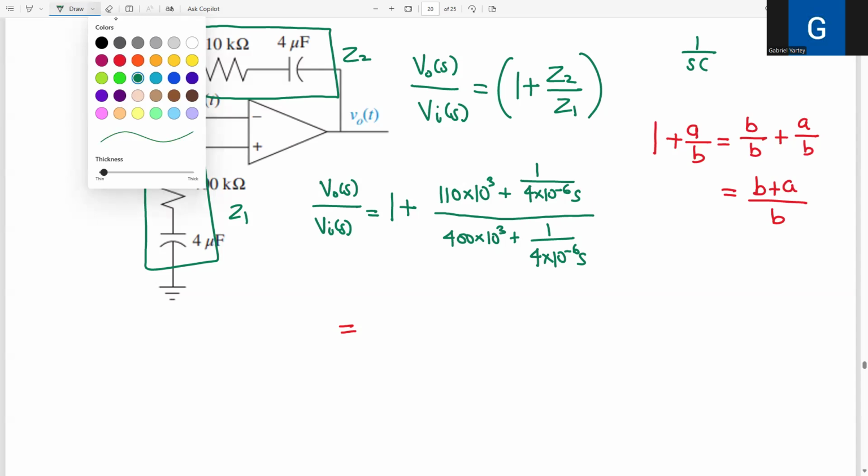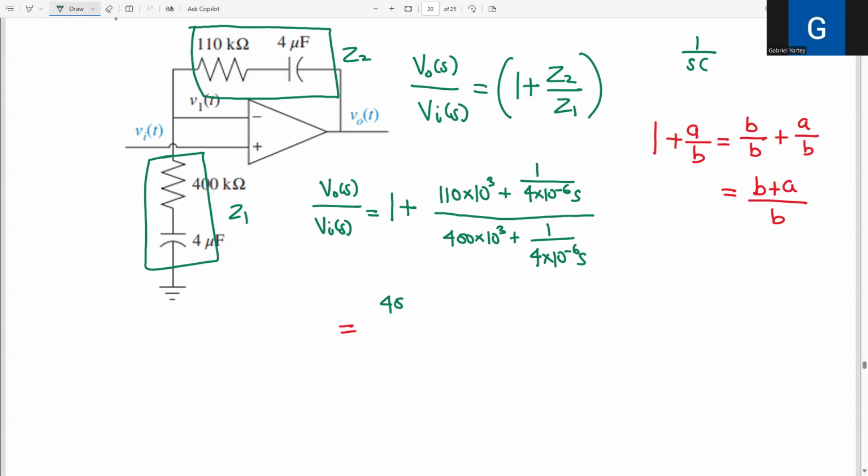I can see that I have 400 times 10 to the power 3 plus 1 over 4 times 10 to the power minus 6 S, all over 400 times 10 to the power 3 plus 1 over 4 times 10 to the power minus 6 S. This thing is the same as the one I've written here. So when you cancel this and this, it gives you the 1.